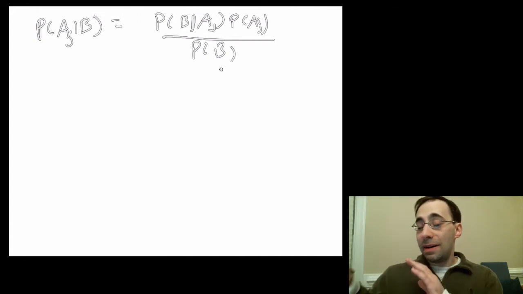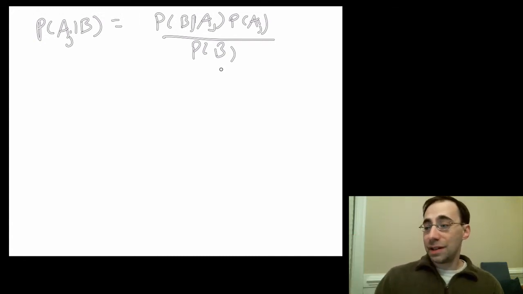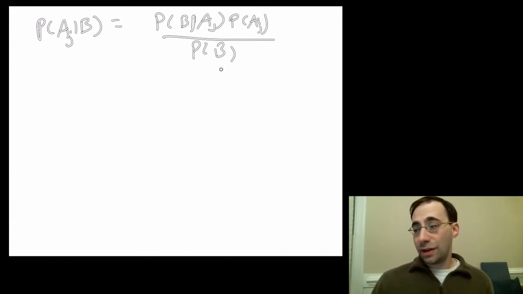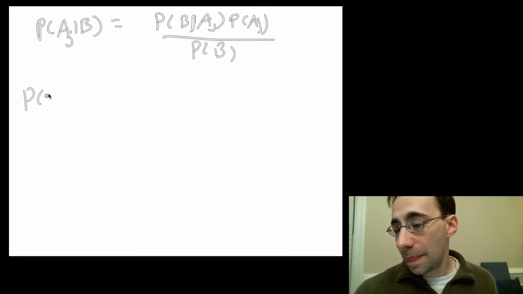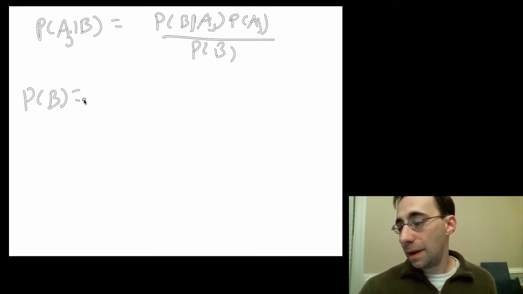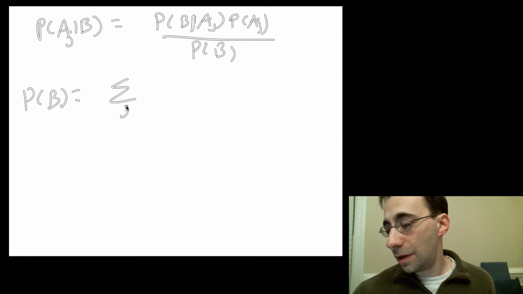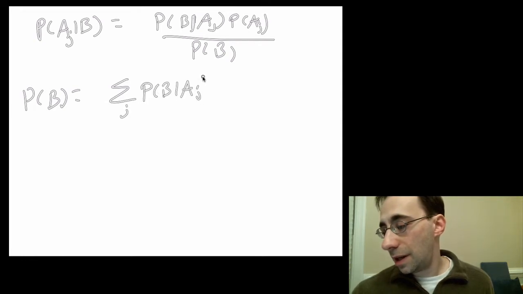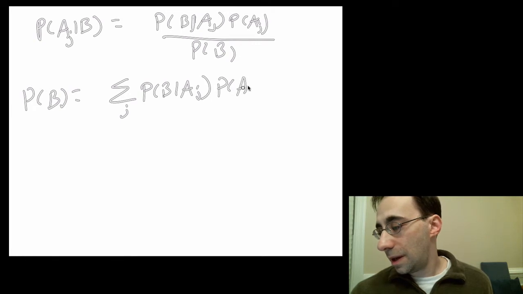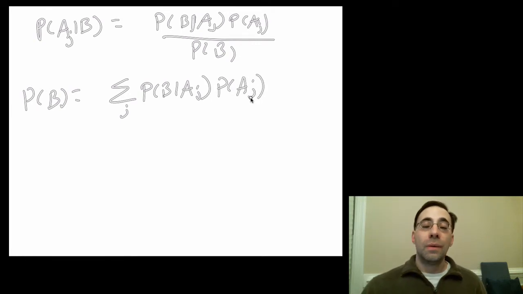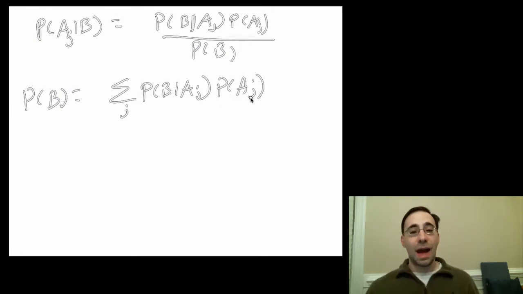Going back to this, if they're all mutually disjoint, you can expand P(B) into the sum over J of P(B given A_J) times P(A_J). What you're basically saying is this. How can B happen?